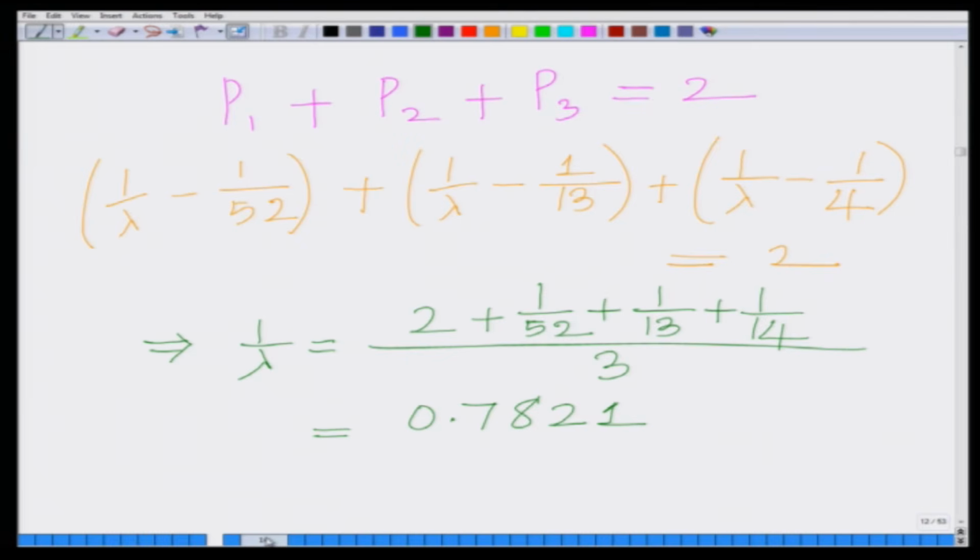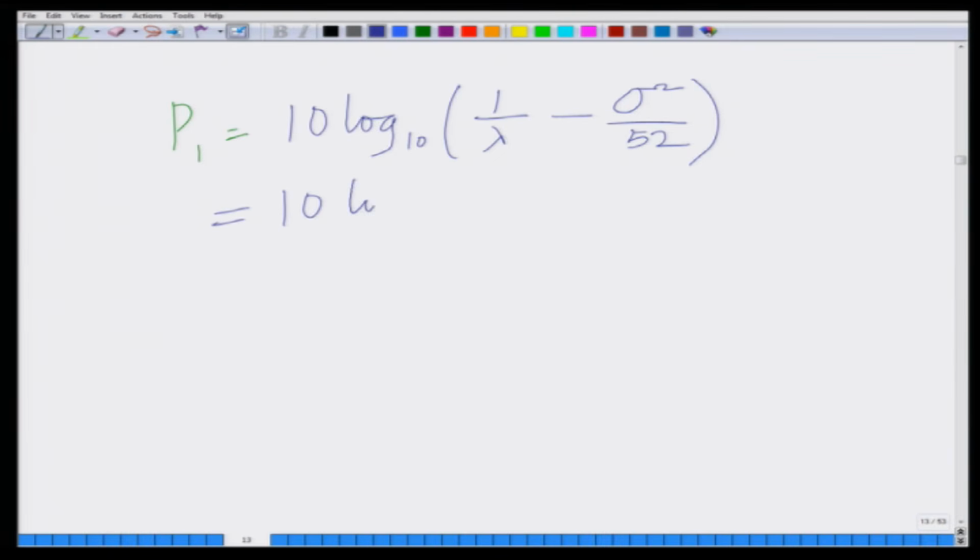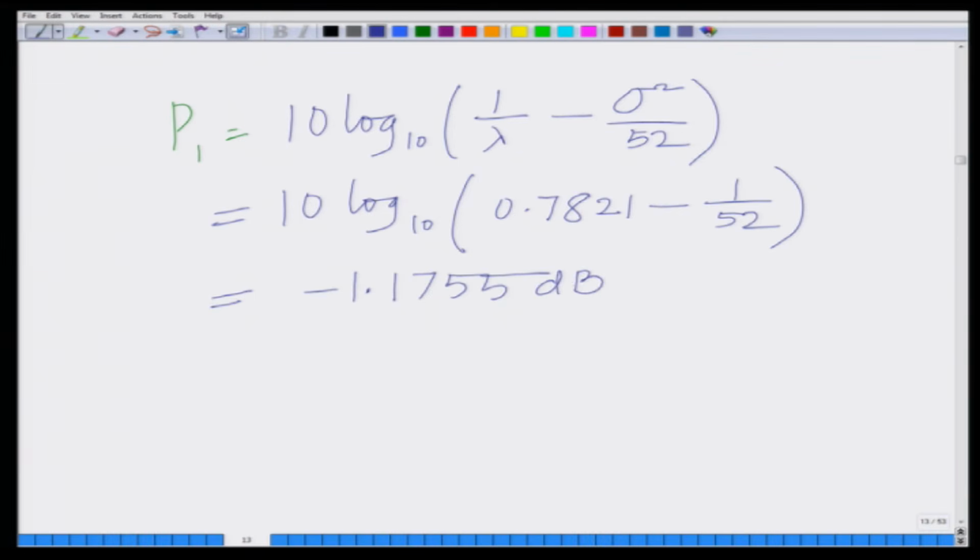Now, substituting this 1 over lambda, I can find each of the powers. So power 1 is now 10 log to the base 10 of 1 over lambda minus sigma square divided by 52, equals 10 log to the base 10 of 0.7821 minus 1 over 52, which is equal to minus 1.1755 dB.